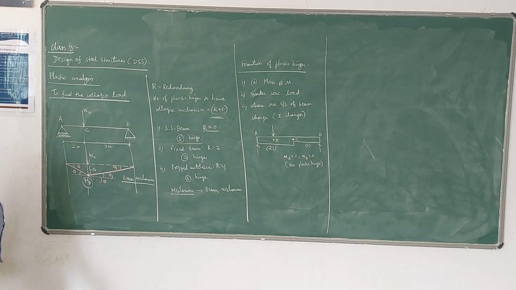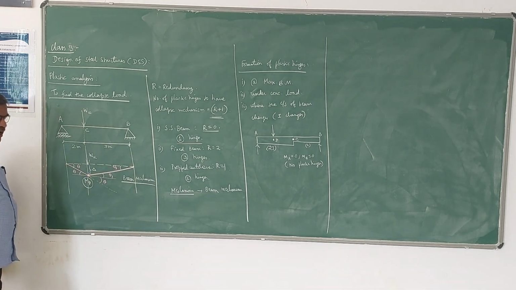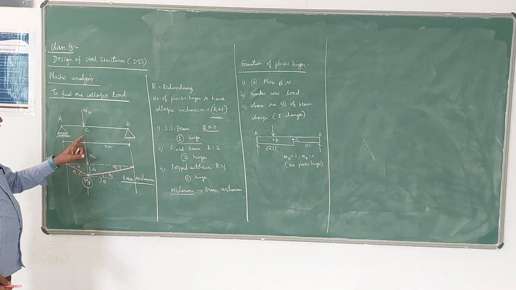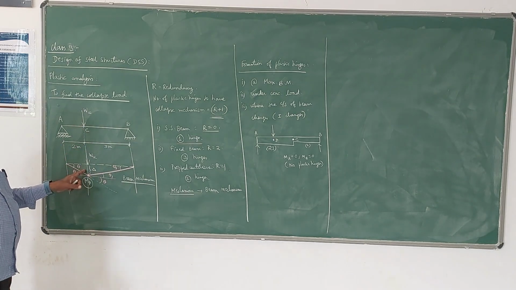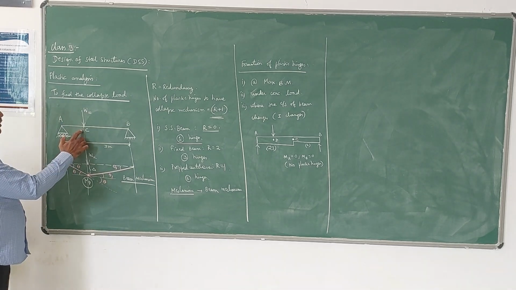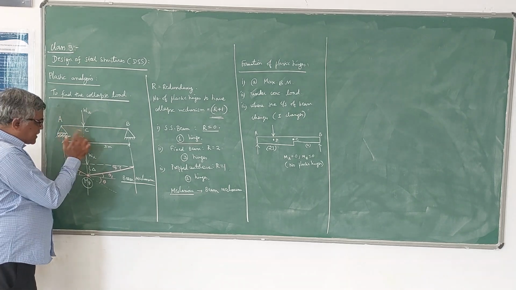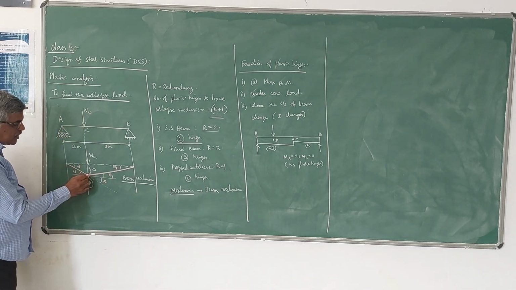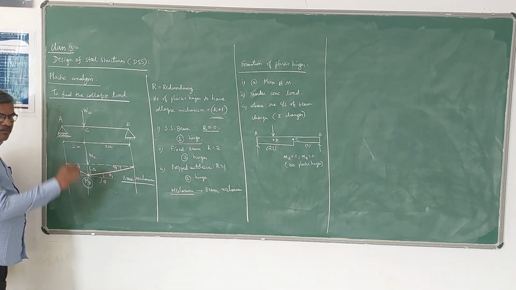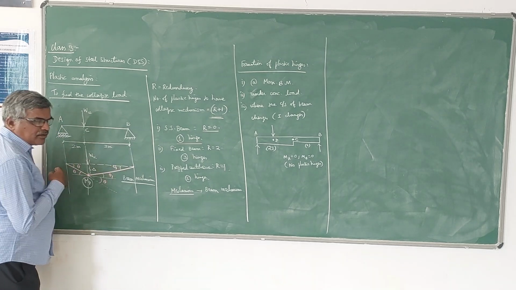Now there is no hinge here, there is no hinge here, because moment is 0 at the end. A hinge can form only at the point of maximum bending moment or under the concentrated load. Here the point of maximum bending moment is also C. The concentrated load also acts at C. Therefore, there is a possibility of having a plastic hinge at C. So this is the mechanism we can write.